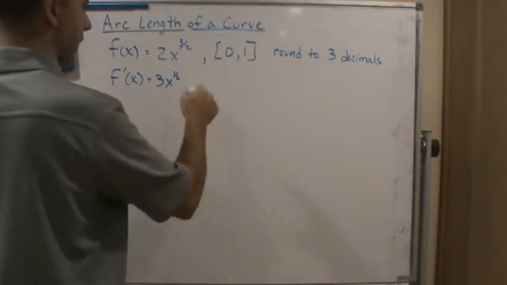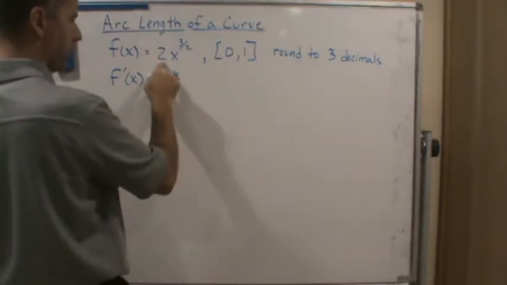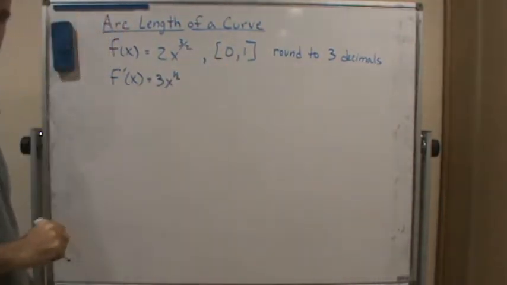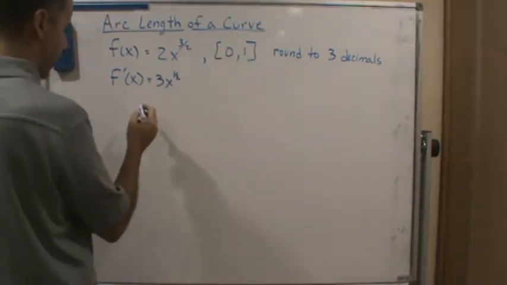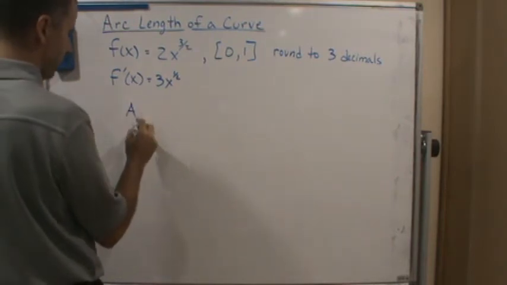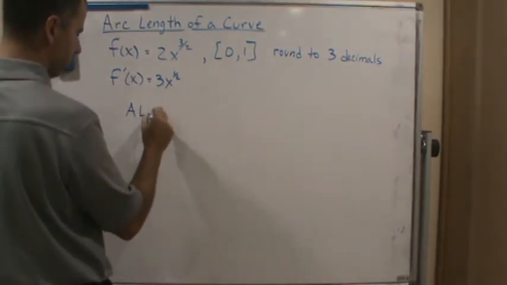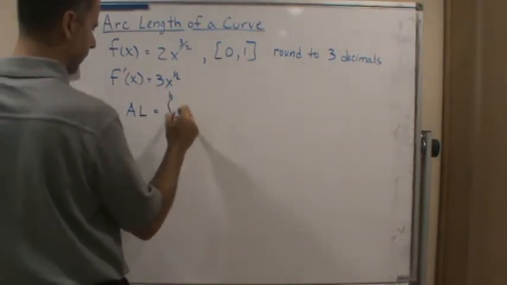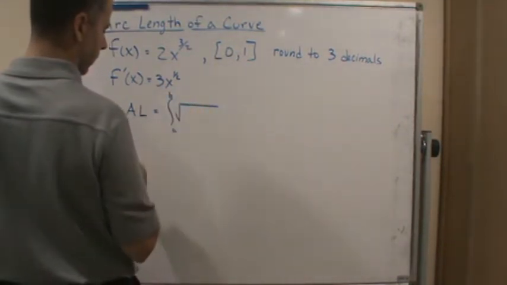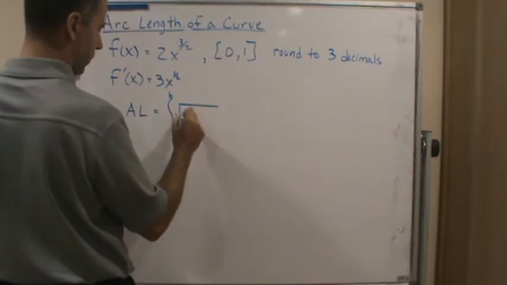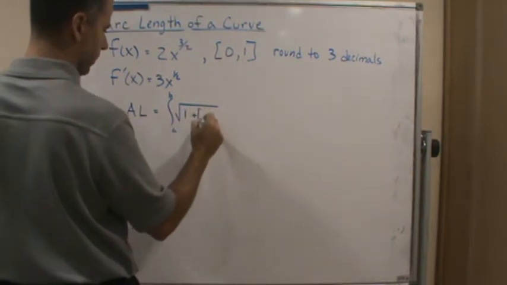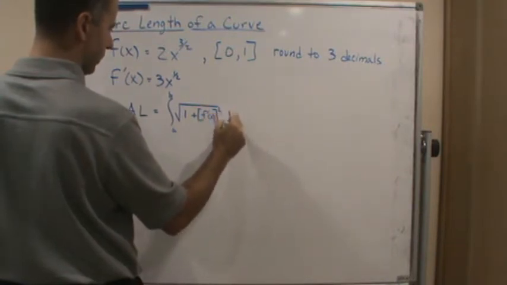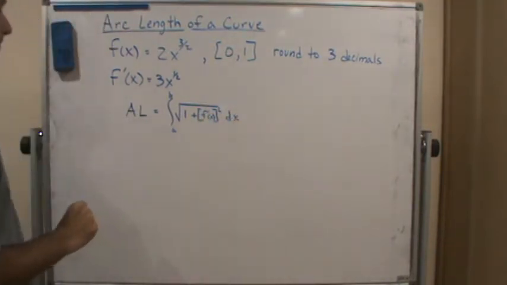So we want to find the arc length of this function over this interval to 3 decimal places. Let's just set it up. We know that arc length is equal to the integral from a to b of the square root of 1 plus f prime of x squared dx.